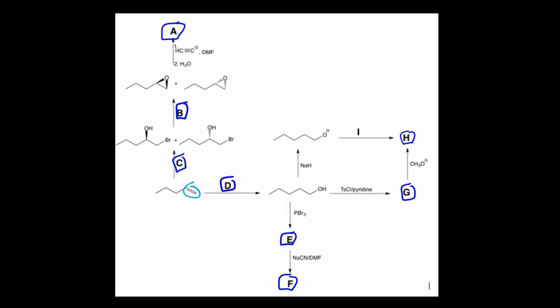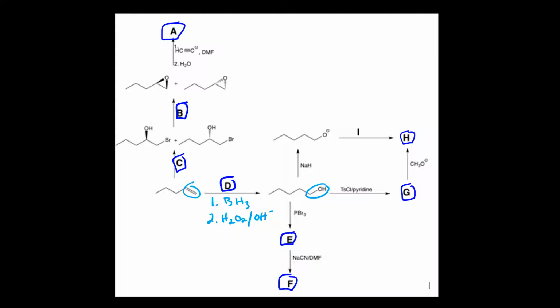We're going from an alkene to an alcohol with a hydroxyl group on the end. So that's an anti-Markovnikov hydration. So what's missing here is going to be BH3, H2O2, OH minus. That's the hydroboration oxidation.